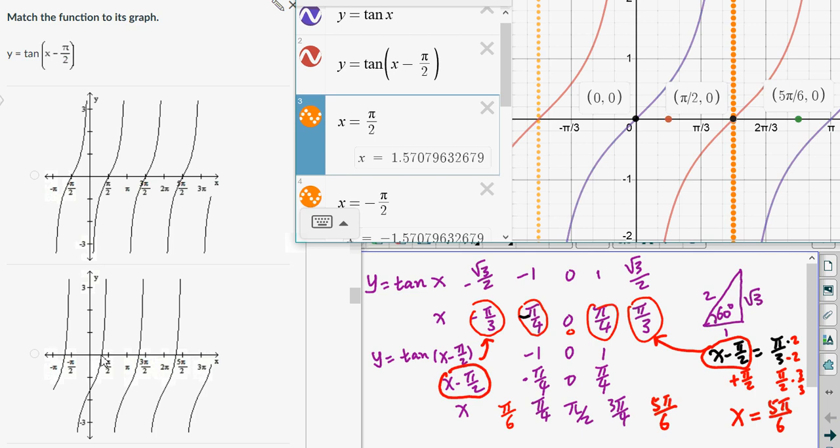It looks like a little bit bigger than pi over 4. It actually should be pi over 2 here. Again, shifted from the origin to pi over 2 right here. Okay, that's what we want to know. All right, I'll see you next time.